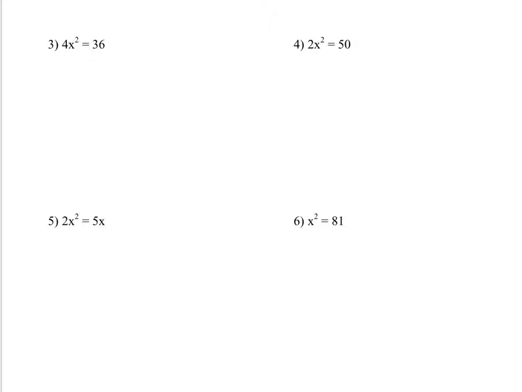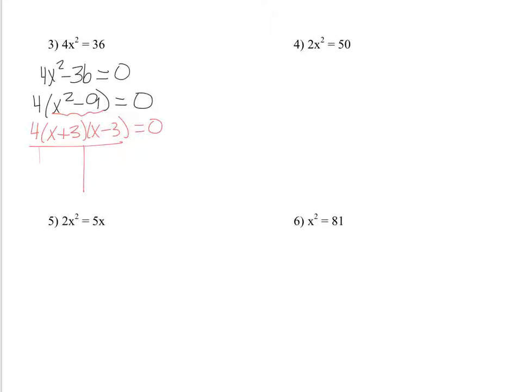Okay, so for number 3, after you set it equal to 0, you should have gotten this, 4x squared minus 36 equals 0. You should have taken out a GCF of 4, and that would leave you with x squared minus 9. And you should have recognized that this here is a difference of squares, so you should have had 4, (x plus 3), (x minus 3).